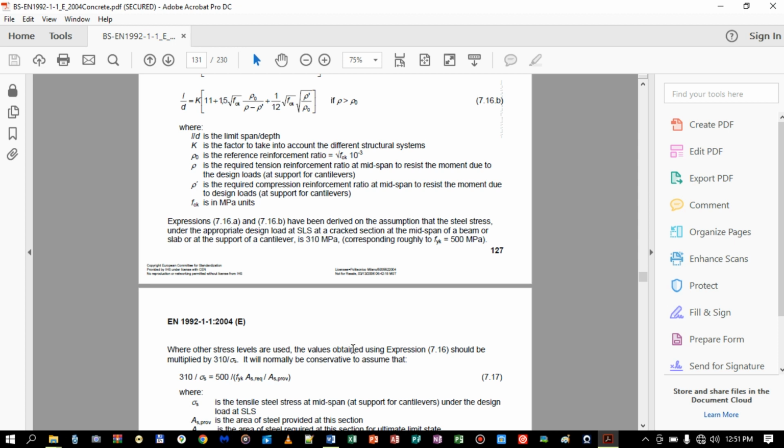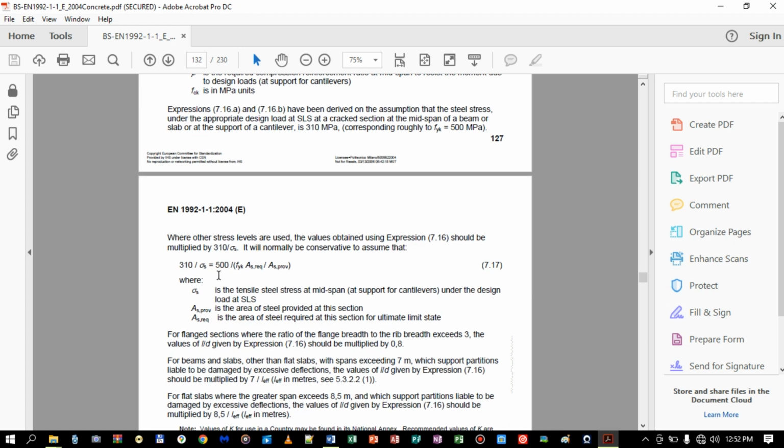So where other stress levels are used, the values obtained using the expression should be multiplied by this factor, which is given by 500 over fyk, and from the national annex, this ratio should not exceed 1.5.